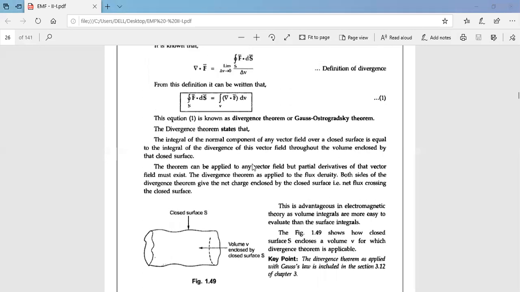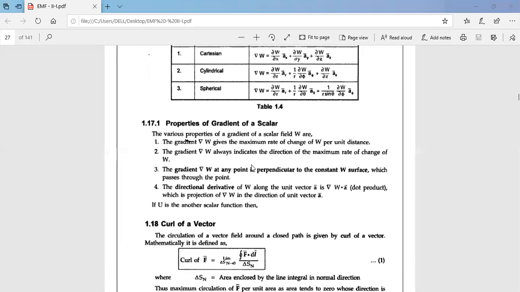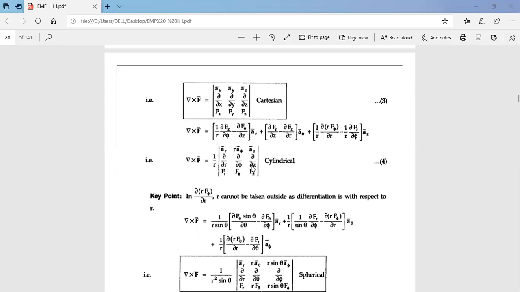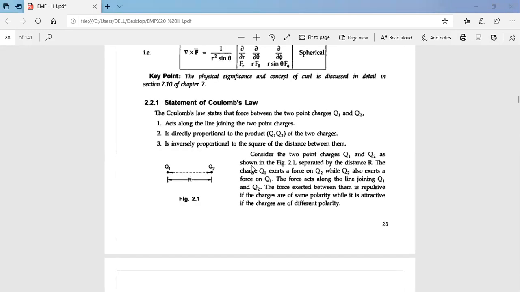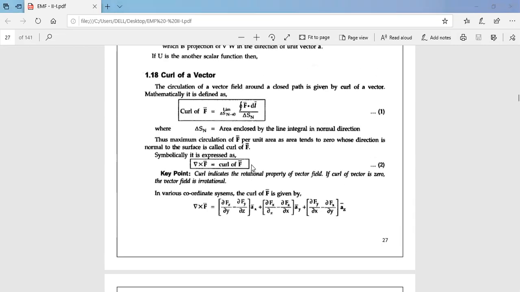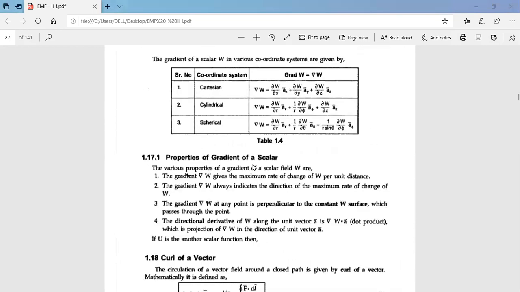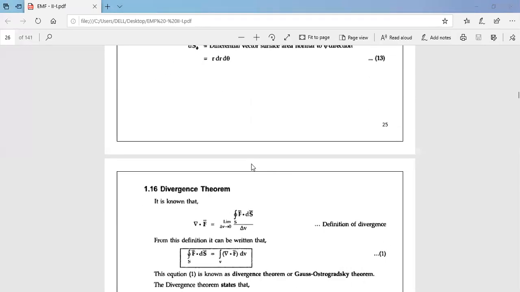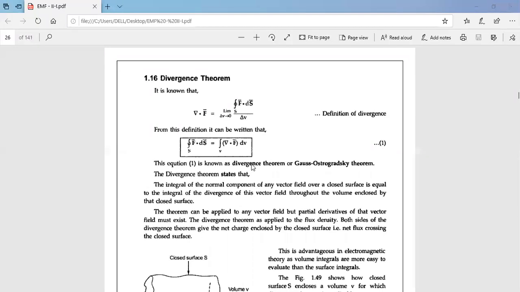Okay. We soon start electromagnetics, you know. All right. Divergence theorem. Definitions.